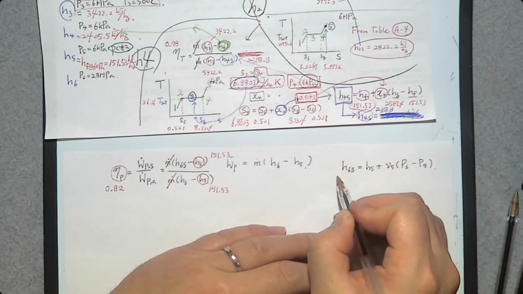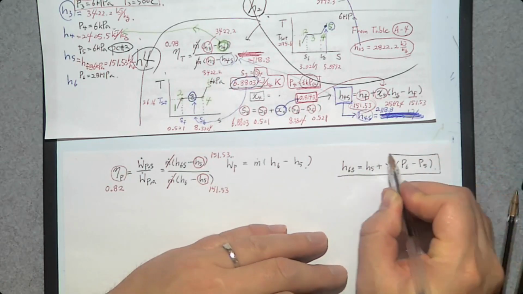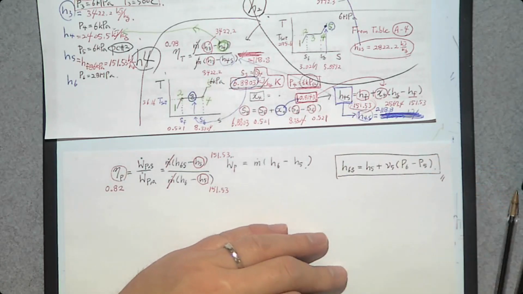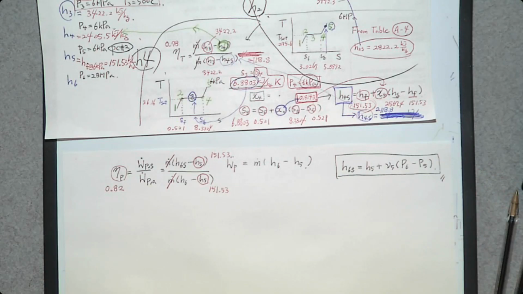I showed you this equation last Thursday and told you to write it down on your formula sheet. Of course, at the time, that wasn't a reheat process, so it was H4 is H3 plus V3 times P4 minus P3. We are going to use the same equation, but between 5 and 6.